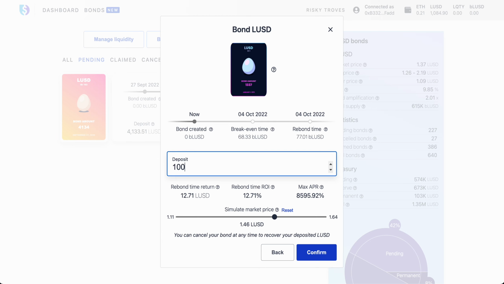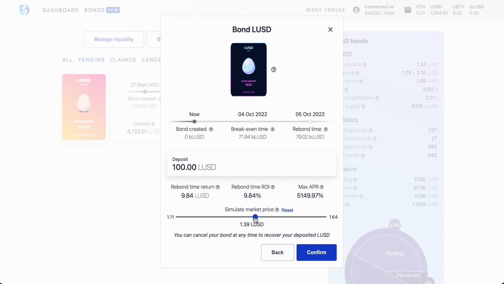So let's do 100, and then we have some slider on the bottom. Now this slider is used to change the market price. So currently we are at 137, and changing the market price changes the break-even and rebound time.